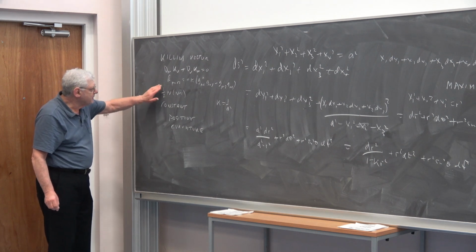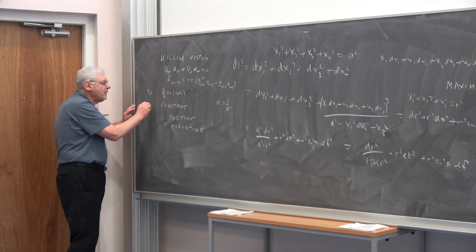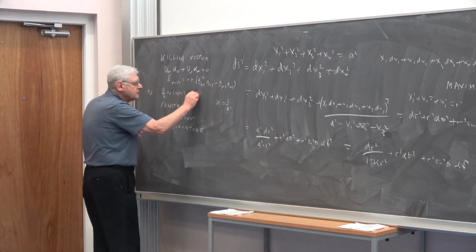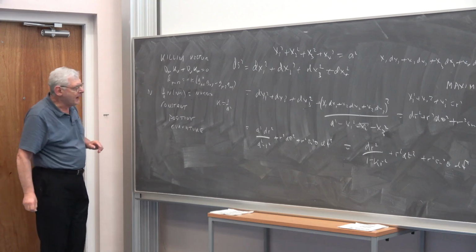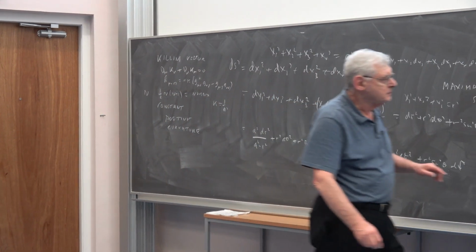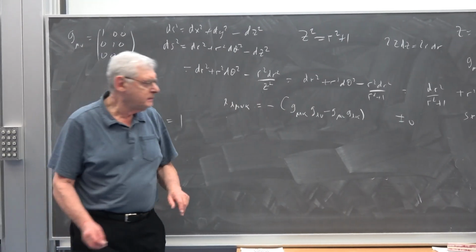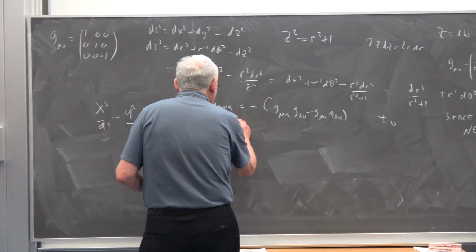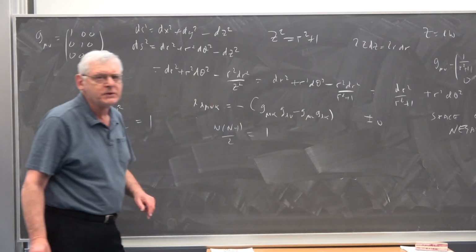That's the number of Killing vectors. Now, if n is 2, which is what we have here, then n minus 1 over 2 equals 1. There's just one Killing vector.